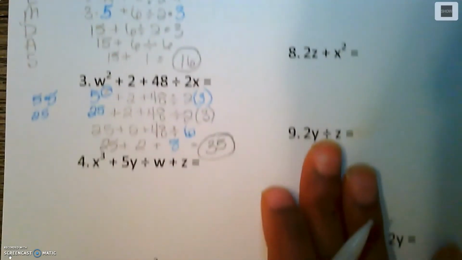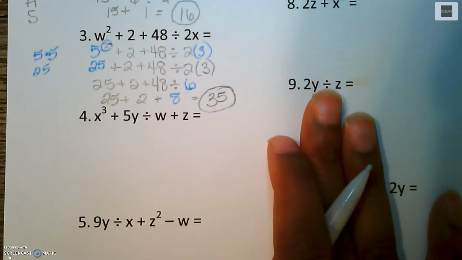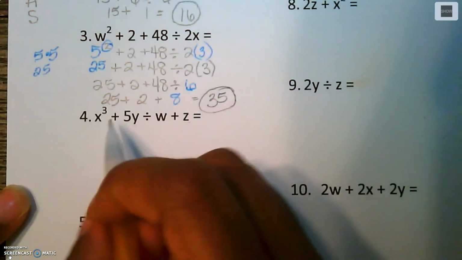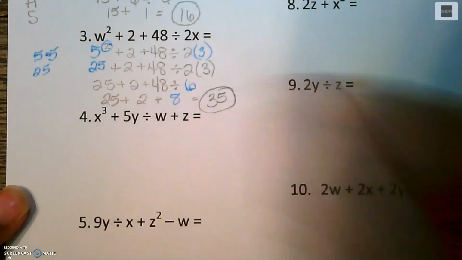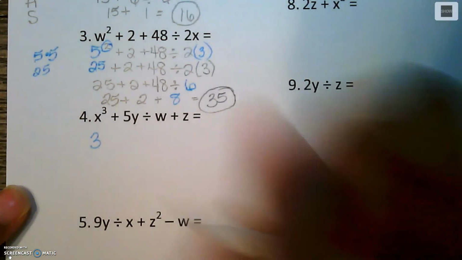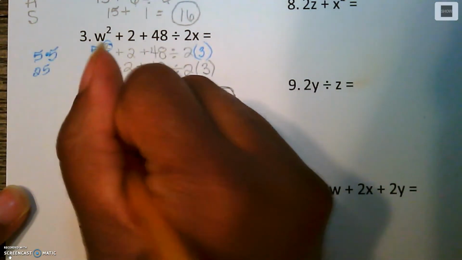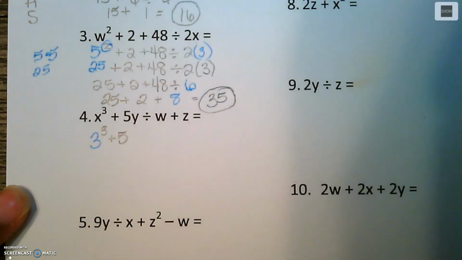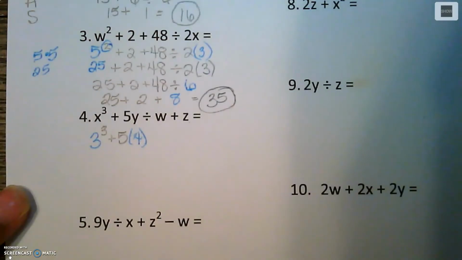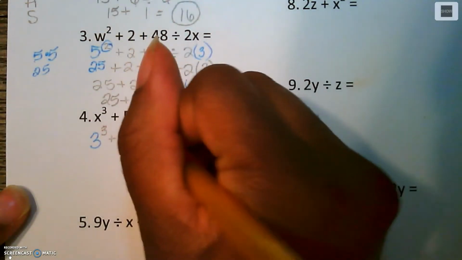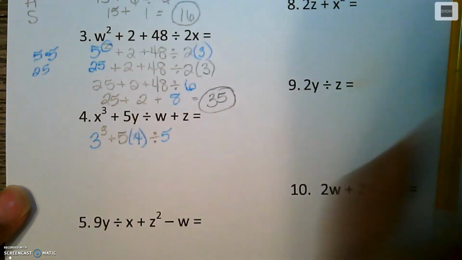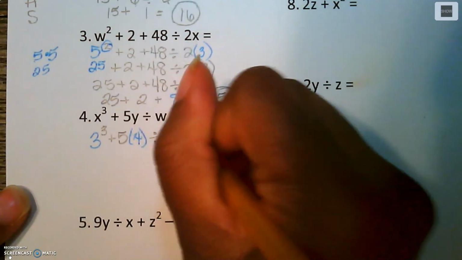For number 4, again, rewriting the variables and replacing them with their actual numbers. So x to the third power is 3 to the third power, plus 5 times y equals 4, divided by w equals 5, plus z.